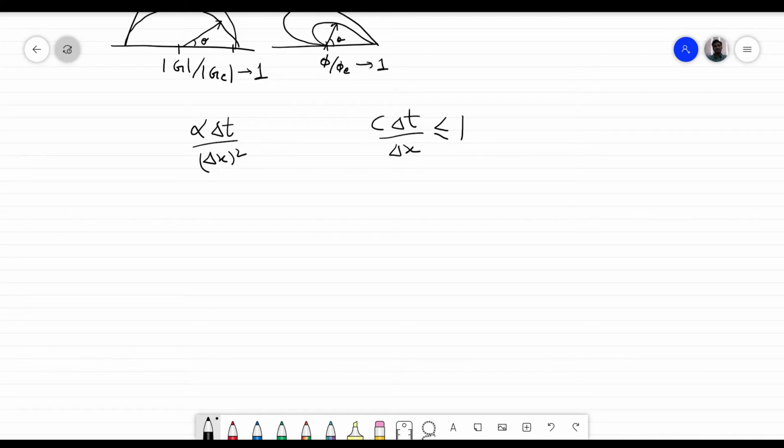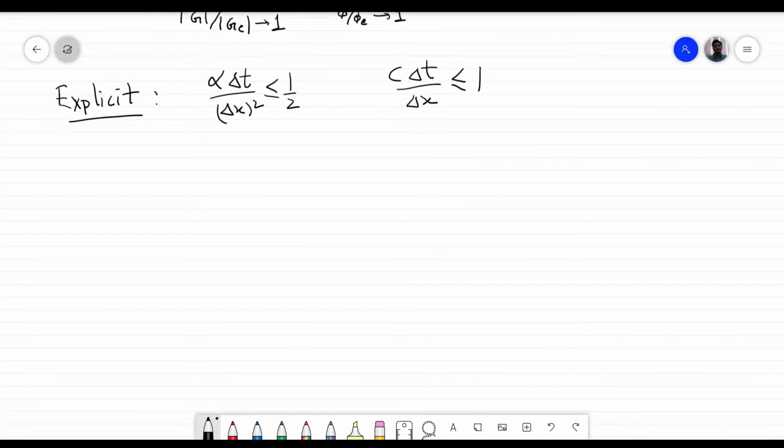This was the stability condition. And if alpha delta T by delta X square was less than or equal to half, the heat equation solution was stable. This is for explicit approach, explicit method of discretizing it.